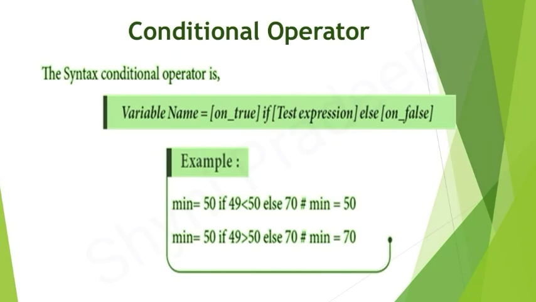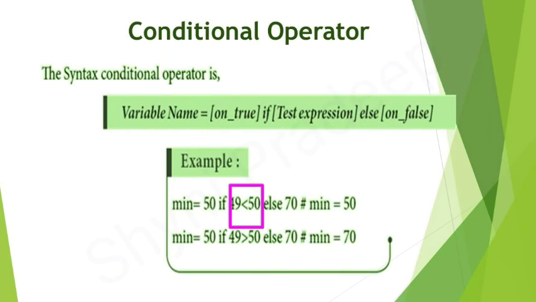For example, min = 50. This is the variable name and this is the true value. Next write if, then the condition, the test expression: 49 is less than 50. Next write else, then the false value, which is 70. If this condition is true, you take the true value; if false, you take the false value for the min variable.